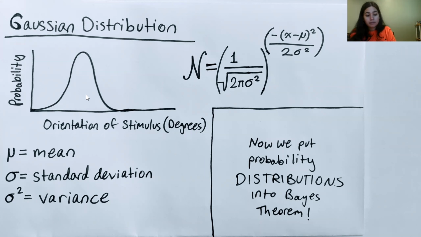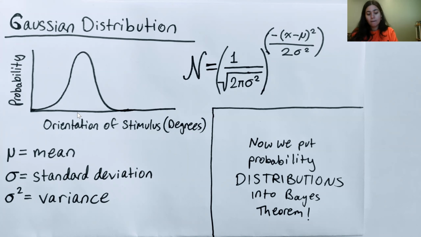One of the most common types of distributions is called a Gaussian distribution, which has this equation over here as a function of the data points x. The mean is mu, and it sets the center of the distribution.